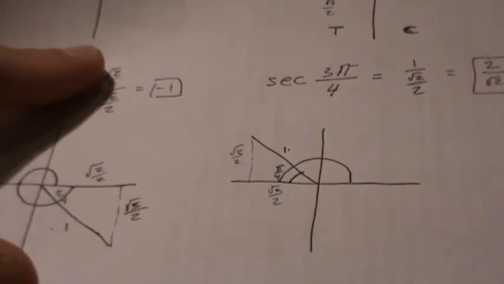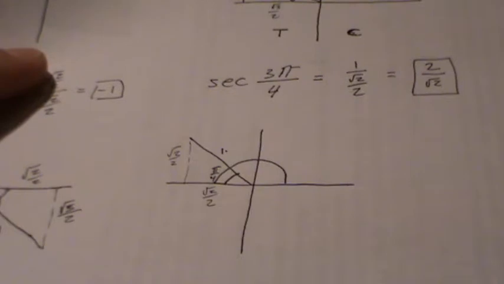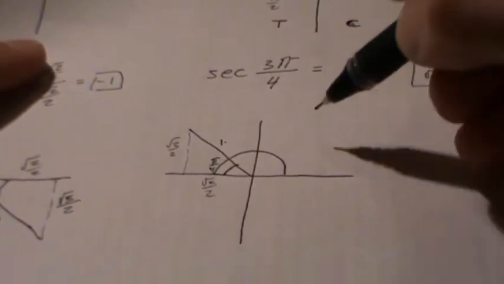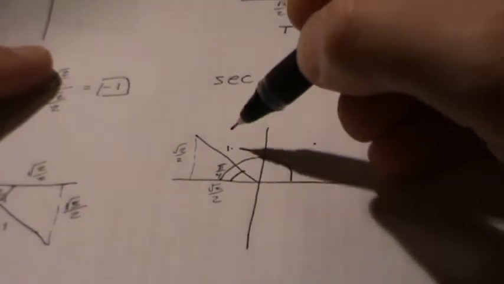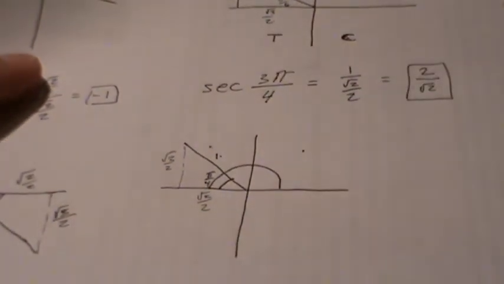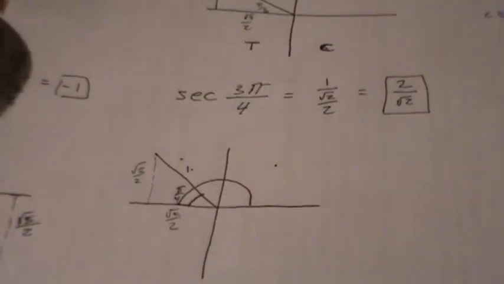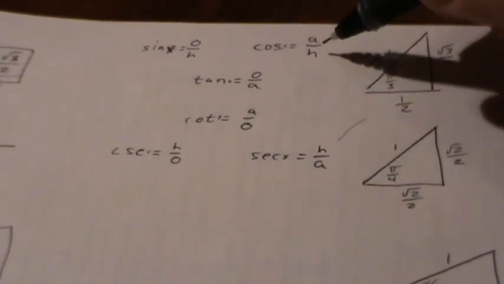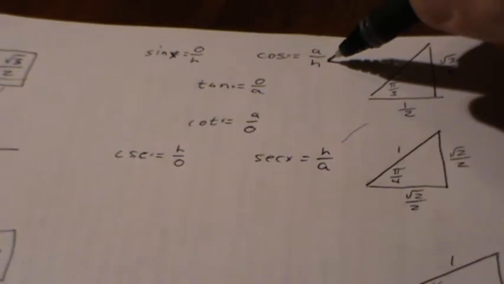Should make sure you can get that algebra. Okay? And so there you have it. Now we have to decide if it's positive or if it's negative. Remember, they're all positive here. Sine is positive here. And since secant is associated with cosine, this must be negative.